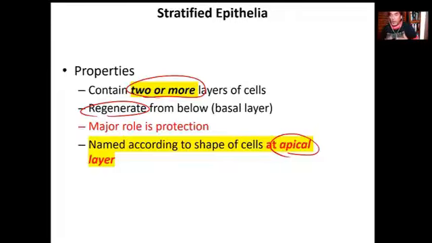Sometimes it's made out of two layers, but all of them look tall: two layers, stratified columnar, or two or three layers of cells that look like boxes, stratified cuboidal. And then the special type of epithelium for the stratified is the transitional. It's multiple layers, but on top the cells look like big mushrooms, okay? And that is transitional.